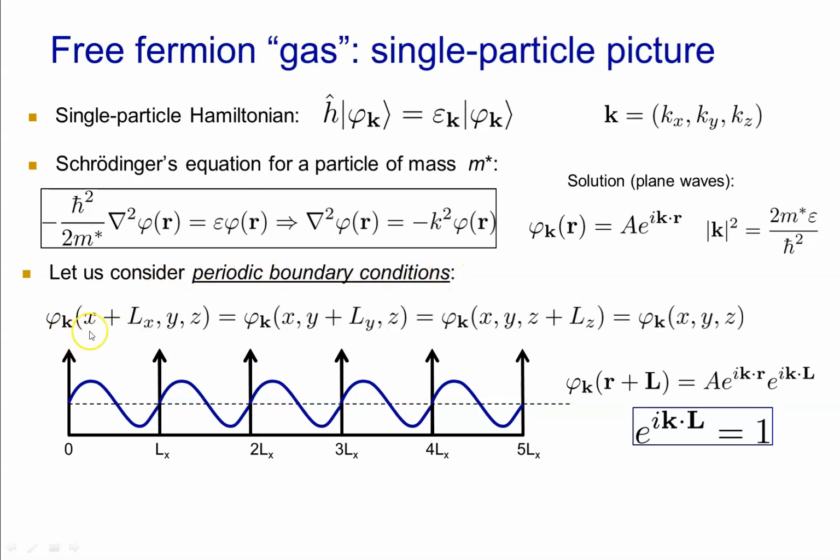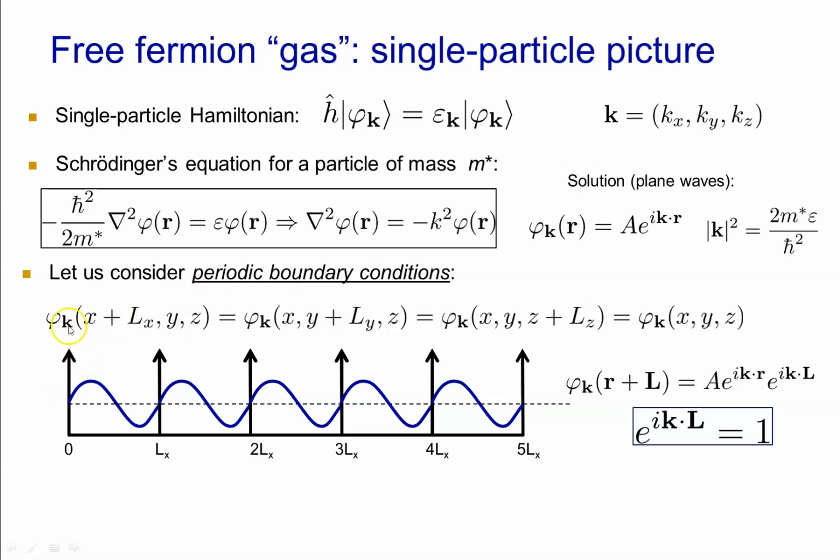So let's say that you have your plane wave function, right? Instead of putting a constraint that it has to be 0 at position 0 and 0 at Lx and quantize these numbers, we're going to quantize them imposing a different set of boundary conditions.